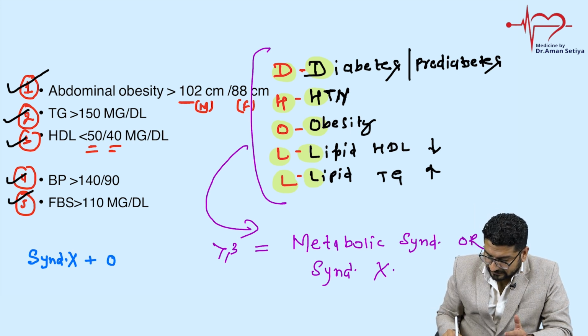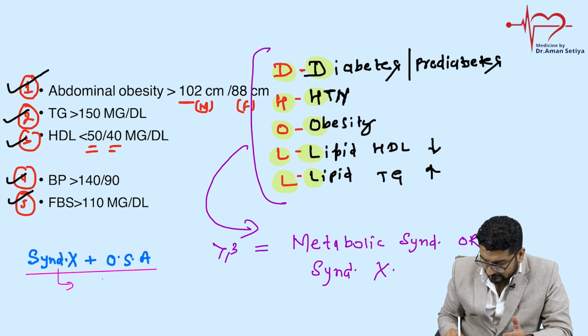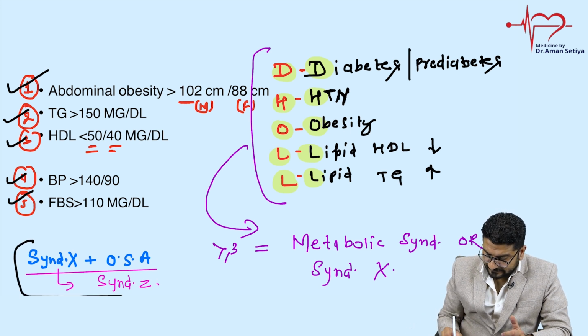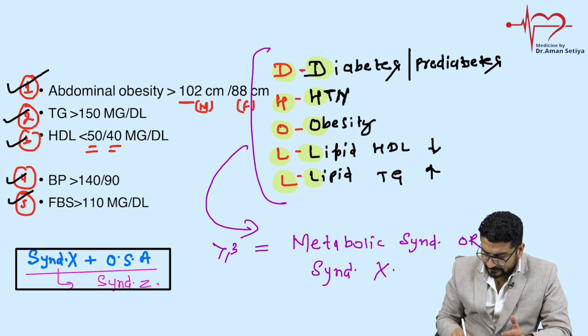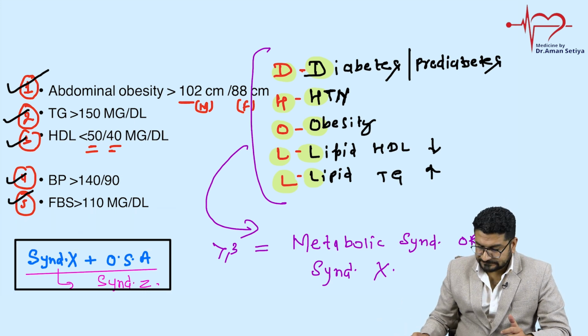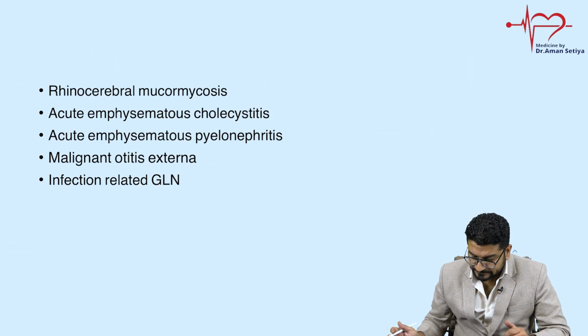That is called obstructive sleep apnea. We call this syndrome Z. Syndrome Z is a new entity already asked in INICET exam. So syndrome X plus OSA, we call this syndrome Z. Clear? Remember, metabolic syndrome patients are prone to develop diabetes.